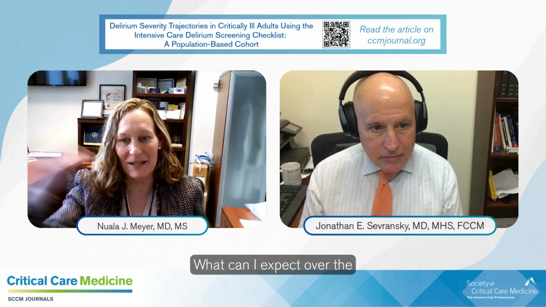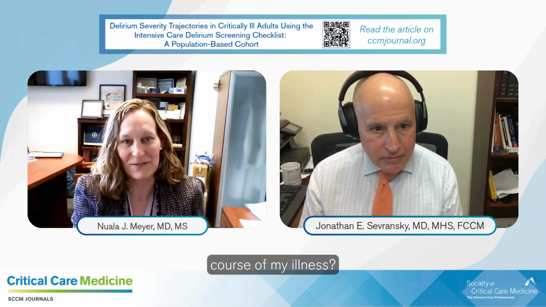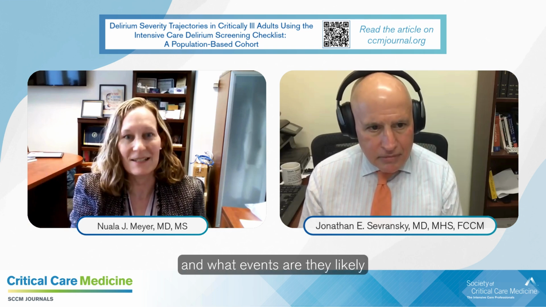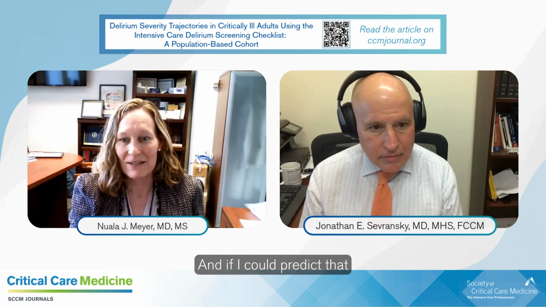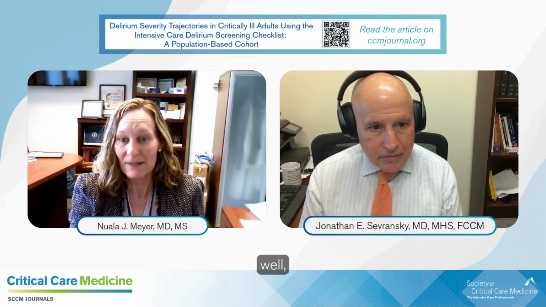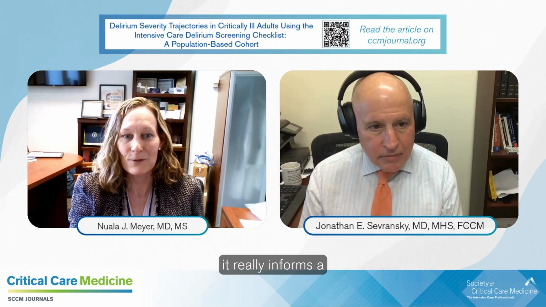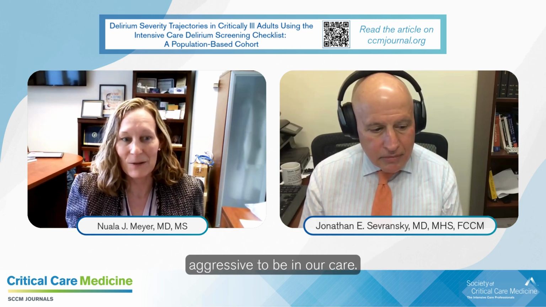What can I expect over the course of my illness? So as I think about clinical trajectories, I'm trying to predict the future and say, where is my patient going? And what events are they likely to experience? If I could predict that well, it really informs a lot of the decisions we make about how aggressive to be in our care.